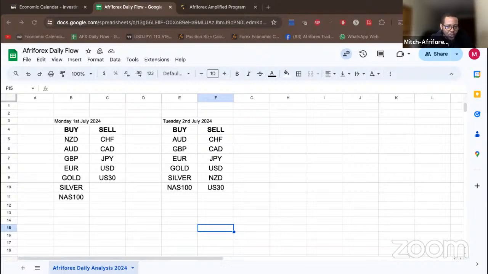I'm seeing your question has actually come in, asking, are there any preferred prop firms? There are a number, because we do have a number of students who are funded with different prop firms. We personally do not necessarily use them, but we can find out because I know they've done a lot of research.